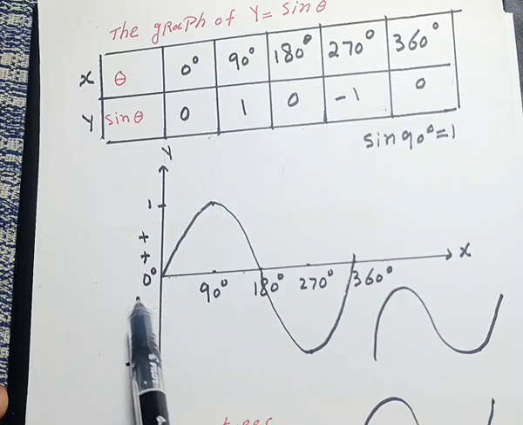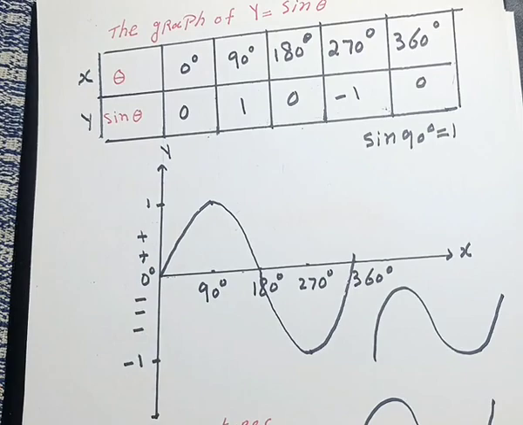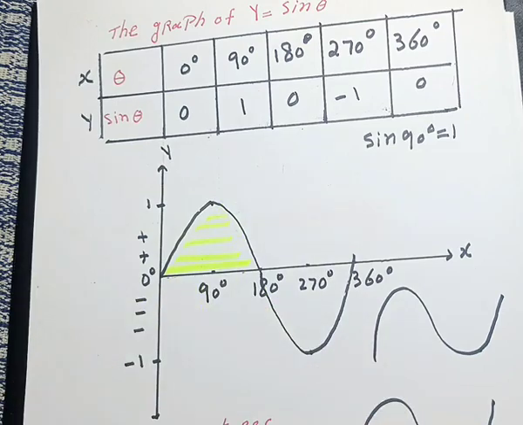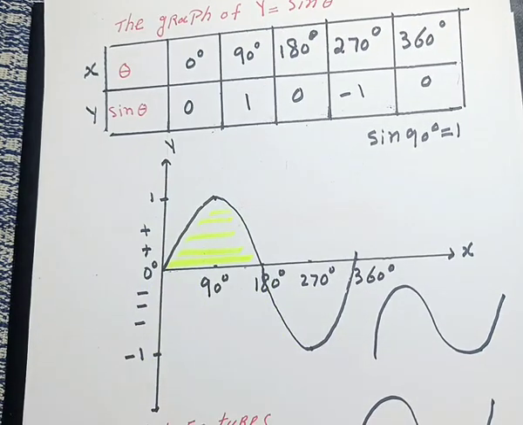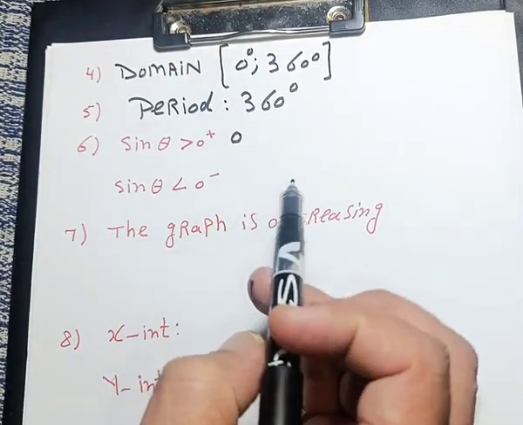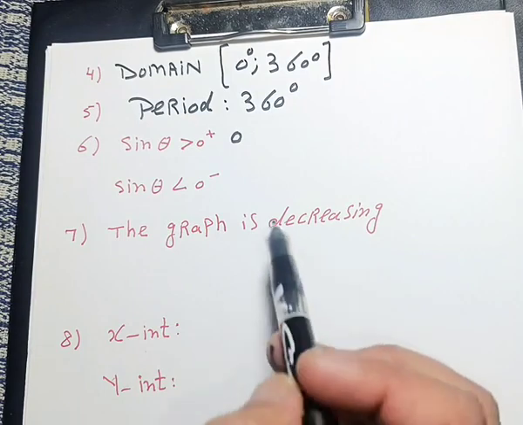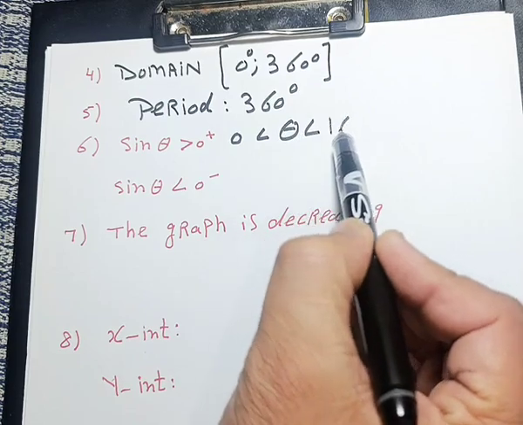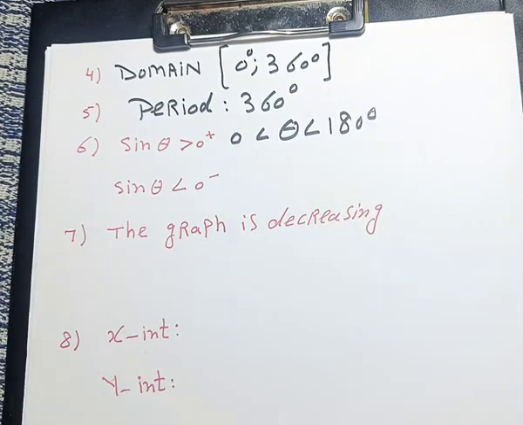Below 0 degree, all the y values are negative. So between 0 and 180 degree, the graph is positive.